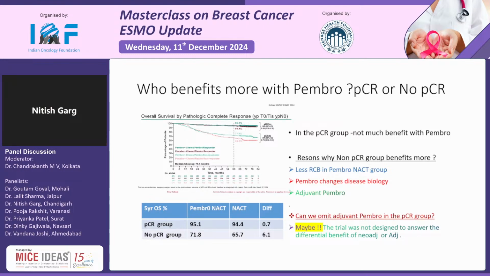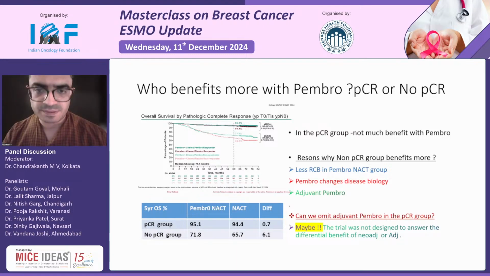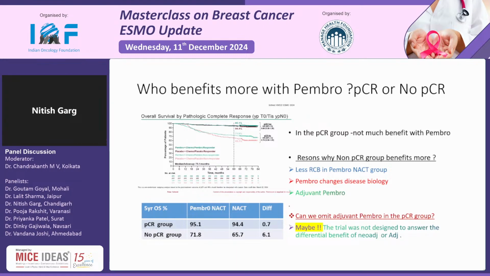So I think, sir, in the present era, I would like to continue it in the adjuvant setting also. As we discussed about HER2, I would like to treat the patient on the same lines, like we have a de-escalation protocol. On the same lines, I would go ahead and even after achieving pCR, would like to continue with the Pembro for at least 1 year complete.